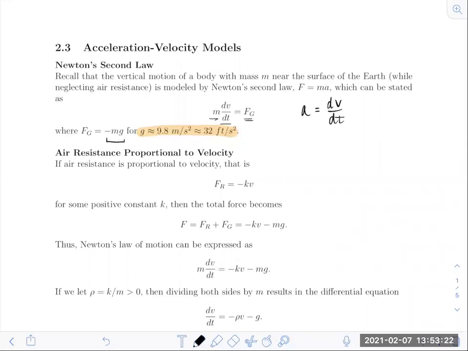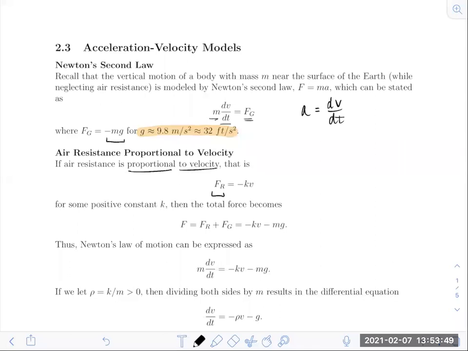All right, so using Newton's second law, we're going to derive some acceleration velocity models. We just need to add in air resistance. So again, Newton's second law is just talking about the force due to gravity neglecting air resistance. We're going to bring in the force due to air resistance, and first we're going to assume that it's proportional to velocity. So let's denote the force due to air resistance by F sub r.